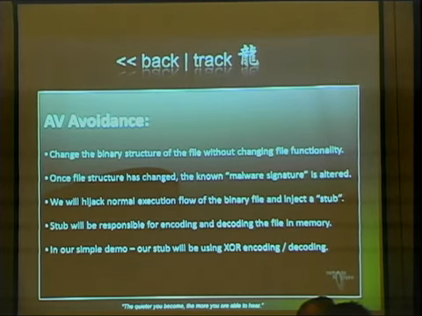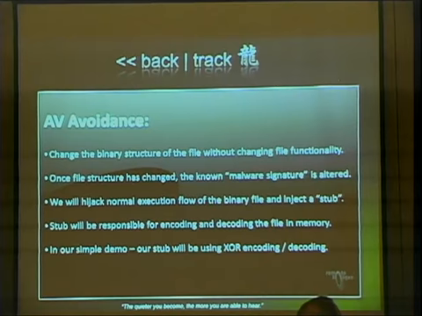These are files on disk. So that's basically what the antivirus does: it goes through the files and looks for signatures. So if we want to bypass an antivirus, we need to change the file's signature without changing the file's functionality.